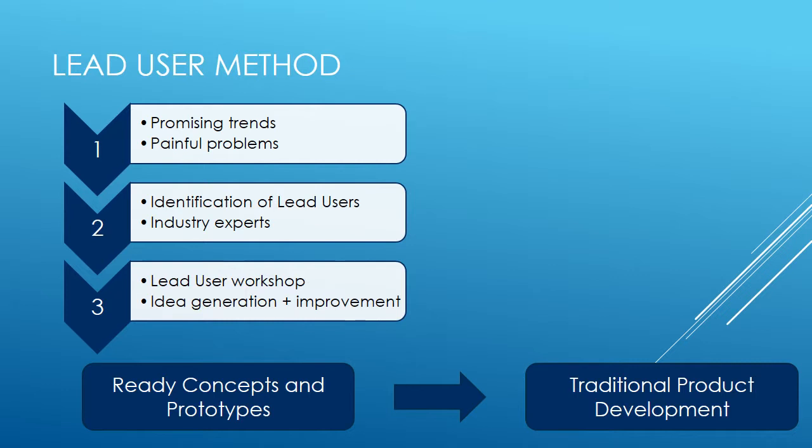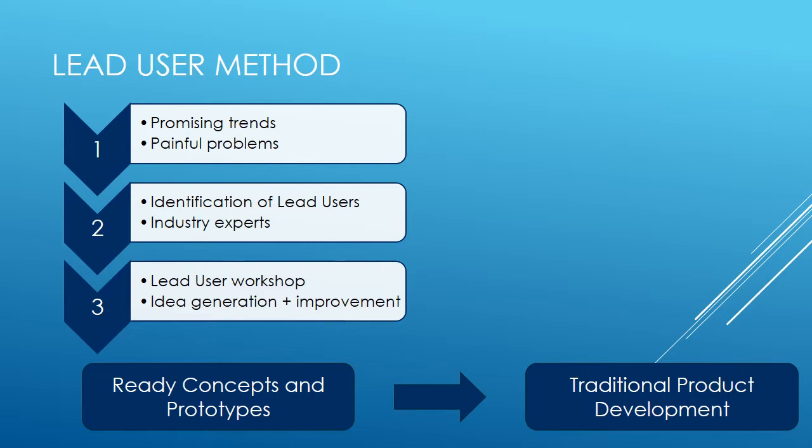In general, the users that participate in the lead user workshop don't have any problem ceding the intellectual property rights to the company without any payment, in order to solve not only their own problems but also the problems of their peers in their market.